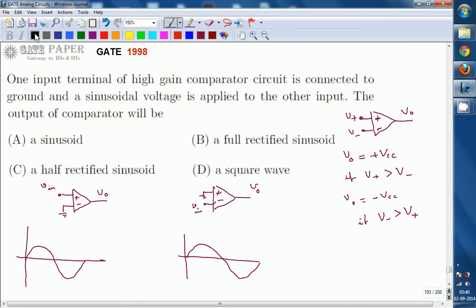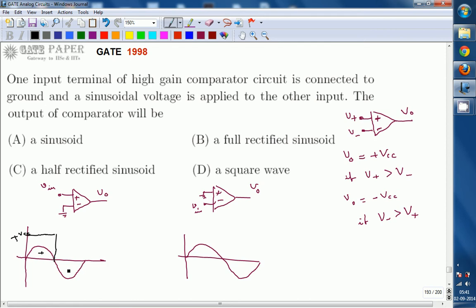During the positive half cycle, all voltages are positive, greater than 0. So the non-inverting terminal dominates during the positive half cycle. Whenever it dominates, the output of the comparator is plus VCC. So this is plus VCC during that portion over which the non-inverting terminal voltage dominates over the inverting terminal.